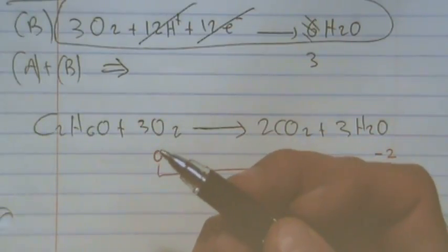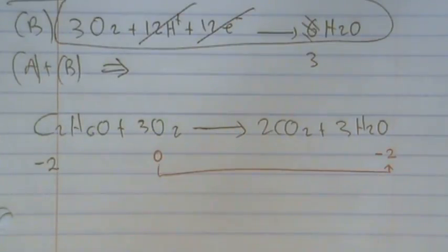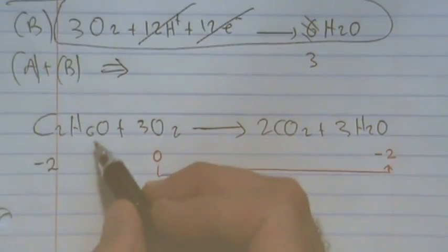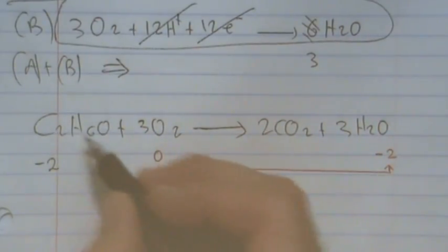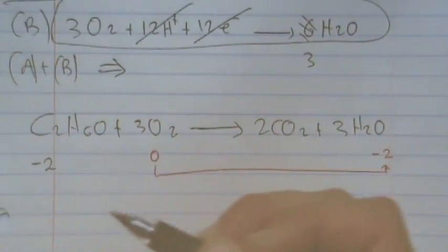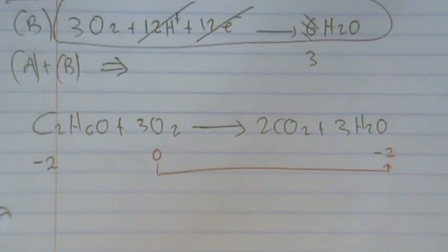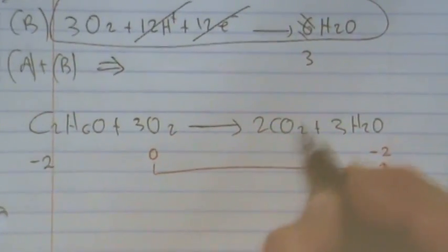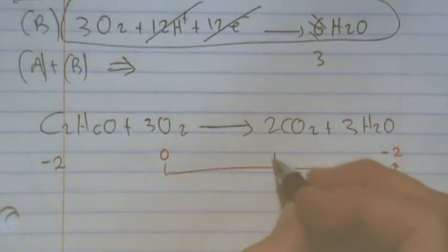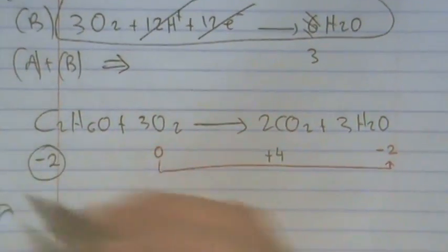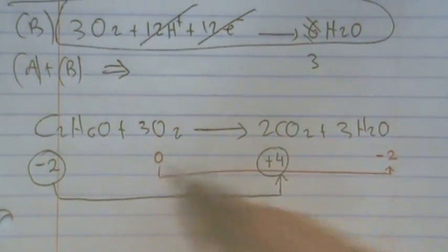Actually -2. 2 times -2 will give you -4, right? So oxygen is -2 times 2, -4. This is 0. -4 from oxygen, the carbon has to be +4. So carbon goes from -2 to +4. And oxygen goes from 0 to -2.